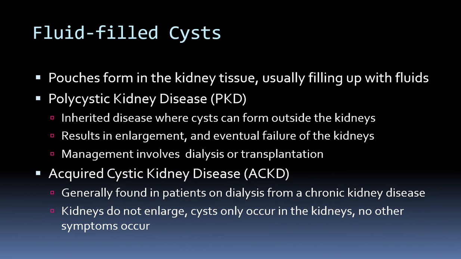One condition is called polycystic kidney disease, and this is an inherited disease that you get from your parents. Under this condition, the cysts form outside the kidneys, and this results in the enlargement and eventually the failure of the kidneys. Management of polycystic kidney disease is difficult as it is an inherited disease, but management can involve dialysis or, if the kidneys should fail, transplantation.